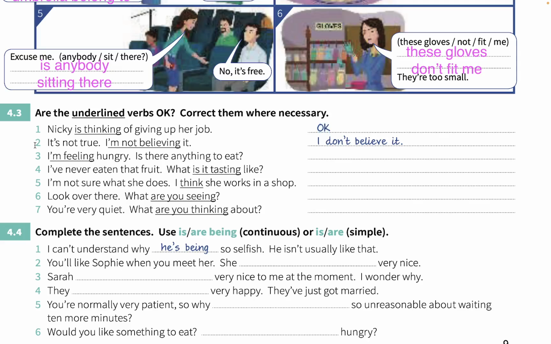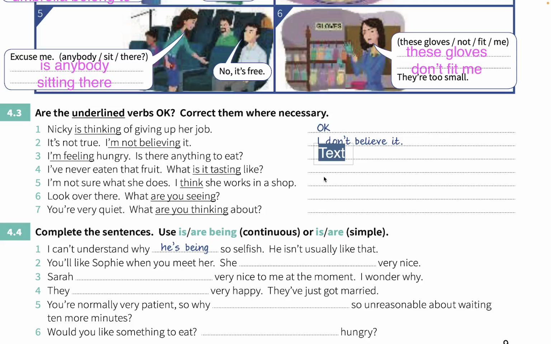But for question number 2, it's not true. I'm not believing it. It's not quite right, this underlined verb. So we fix it here. It's I don't believe it. Is it correct?